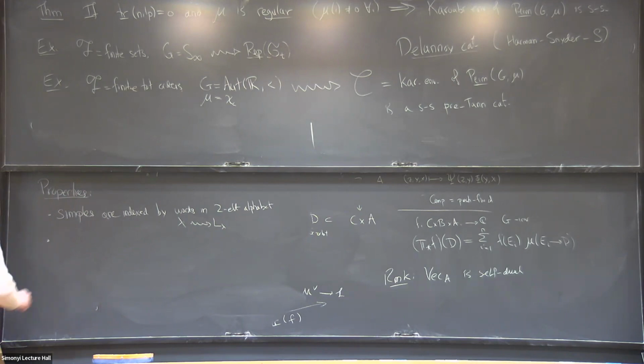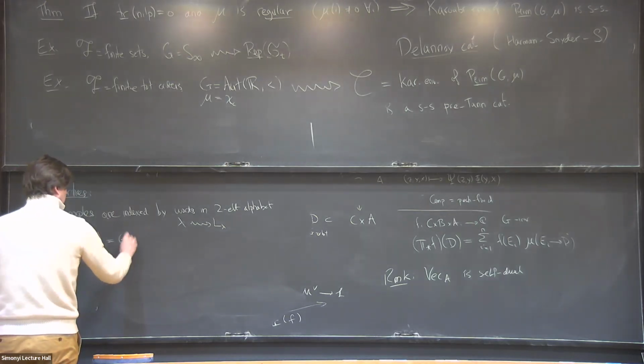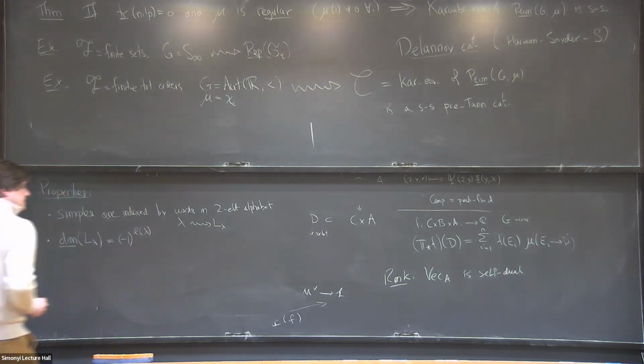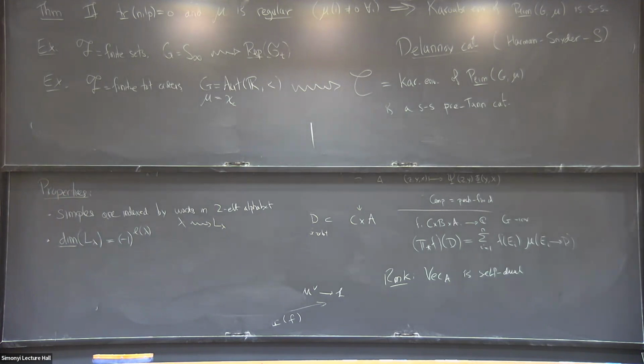Whenever you have a tensor category, you can define the categorical dimension of an object. It's just the trace of the identity map on that object. And in this case, these simples all have dimension plus or minus 1. The sign is just determined by the length of the word. And that's, again, a very unusual property in a tensor category. Usually the dimensions are going to be a little more crazy than that.